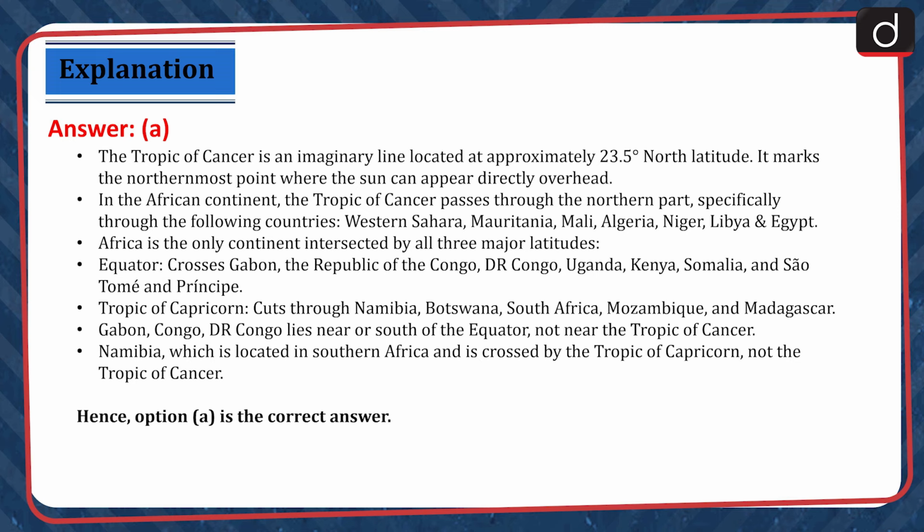The Tropic of Capricorn cuts through Namibia, Botswana, South Africa, Mozambique, and Madagascar. Gabon, Congo, DR Congo lie near or south of the equator, not near the Tropic of Cancer. Namibia, which is located in southern Africa, is crossed by the Tropic of Capricorn, not the Tropic of Cancer. Hence, option A is the correct answer.